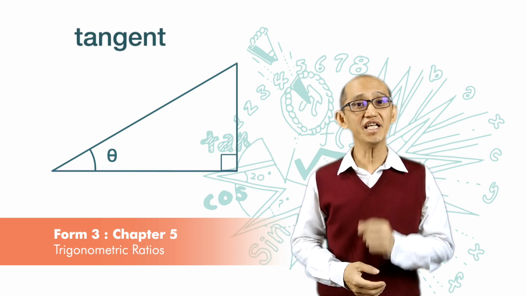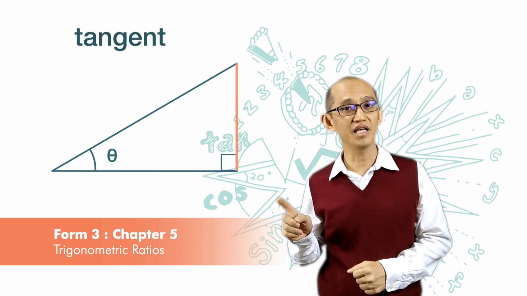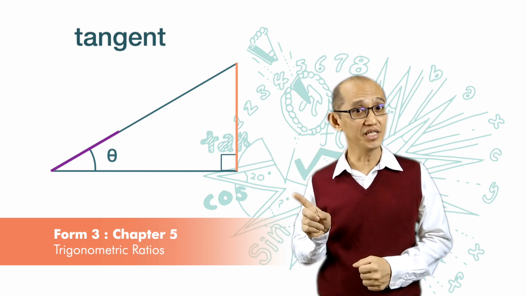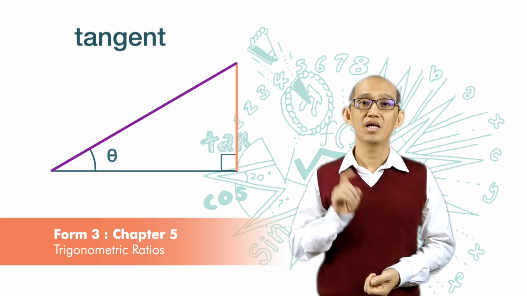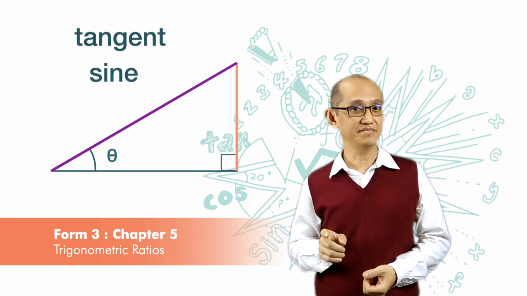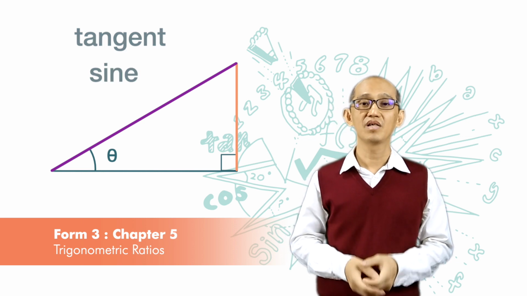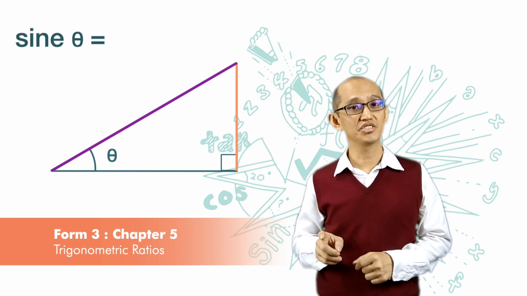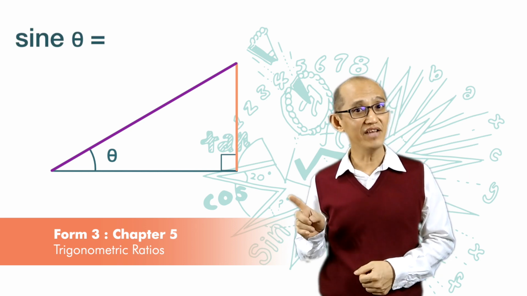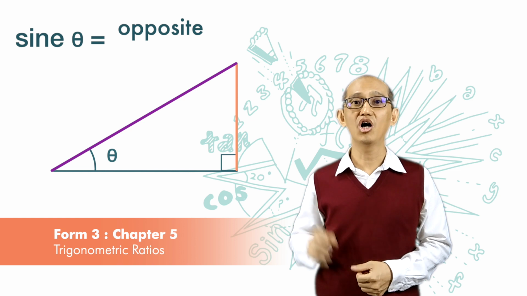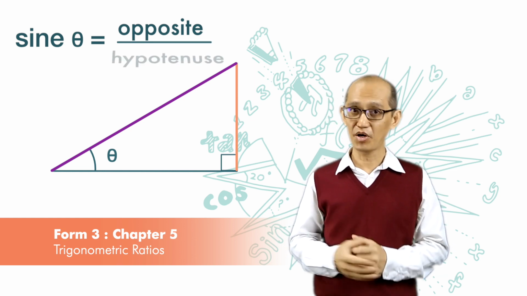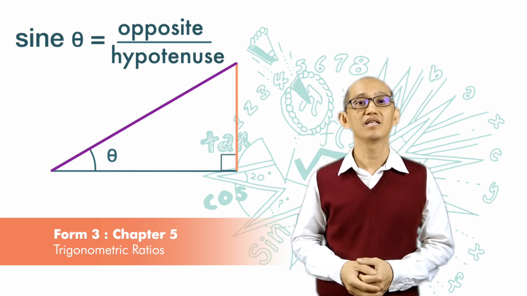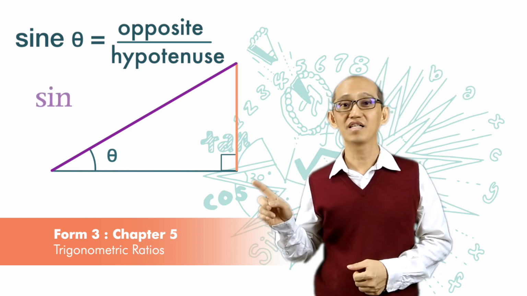Now, if we take the ratio of the opposite side to the hypotenuse, we get another ratio, and we call that sine. So, sine theta is the ratio of the length of the opposite side of the angle theta to the length of the hypotenuse. This is the symbol of sine.